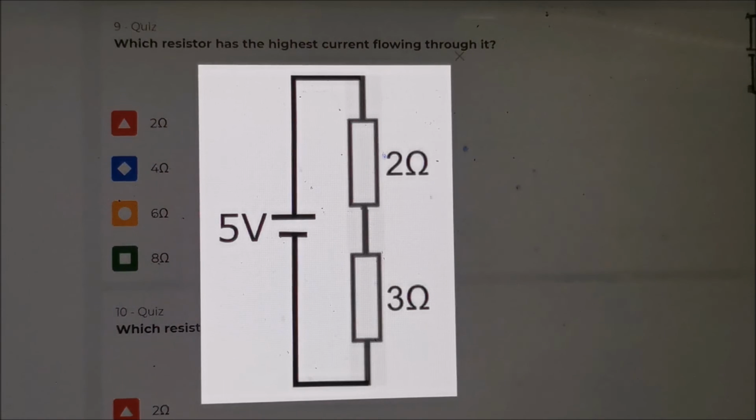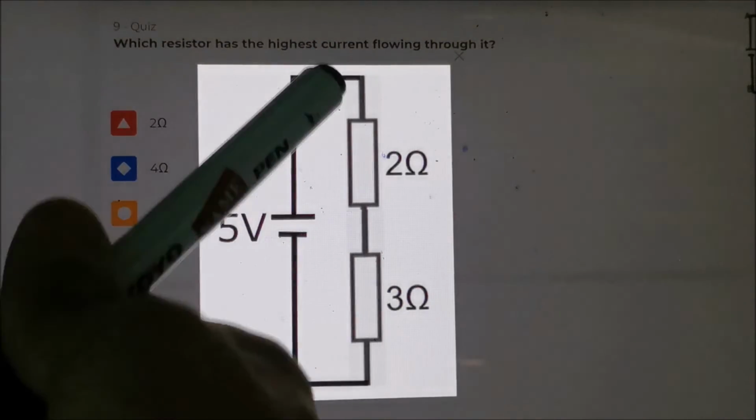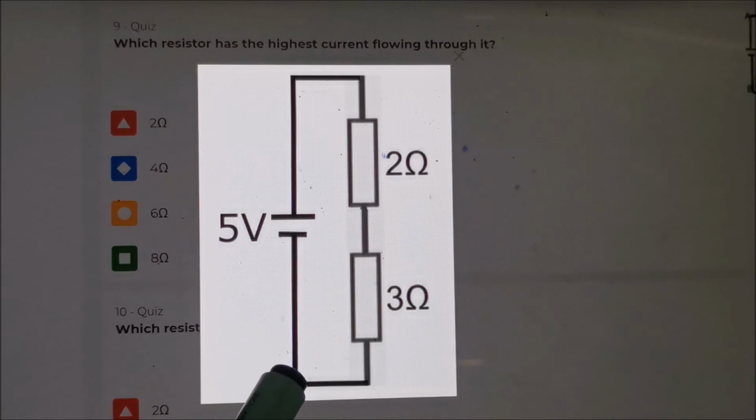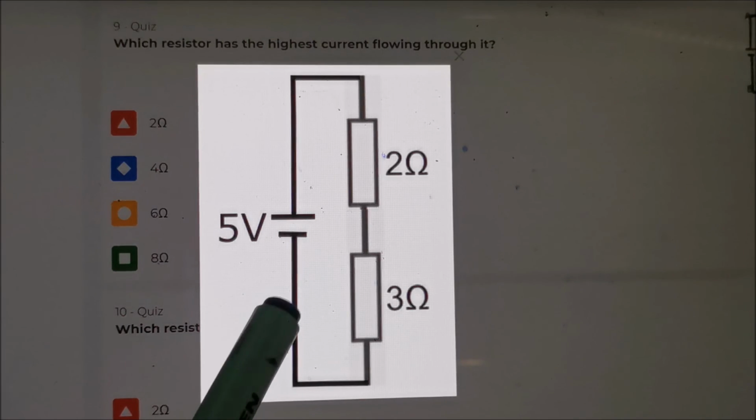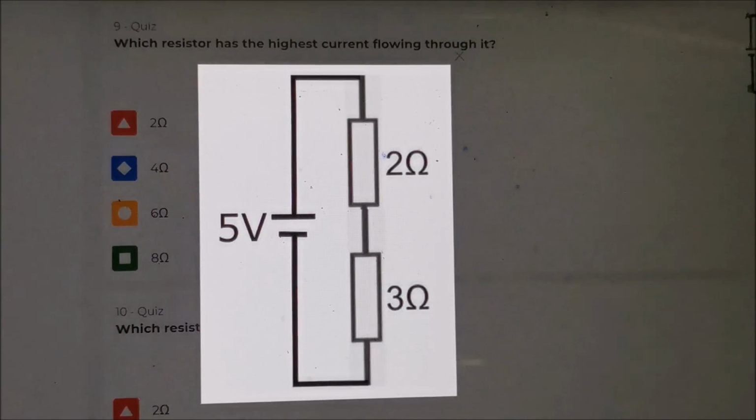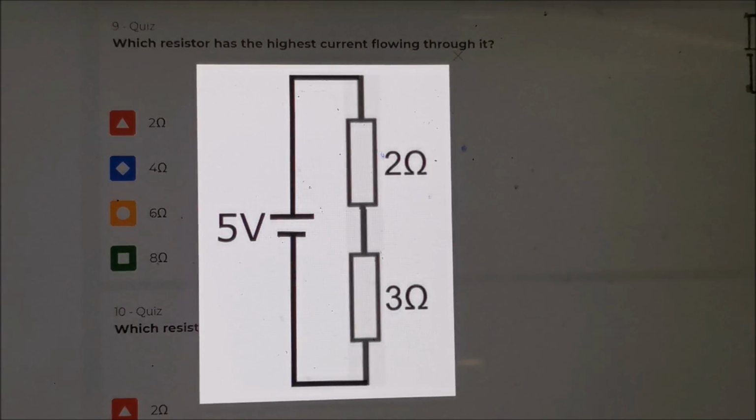Now, all you need to know right now is this: resistors connected in series share the voltage, they share the 5 volts. The 5 volts will be shared in proportion to their value of resistance. The bigger the resistance, the bigger portion it will take.